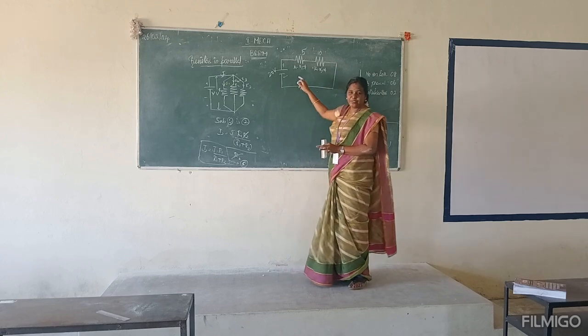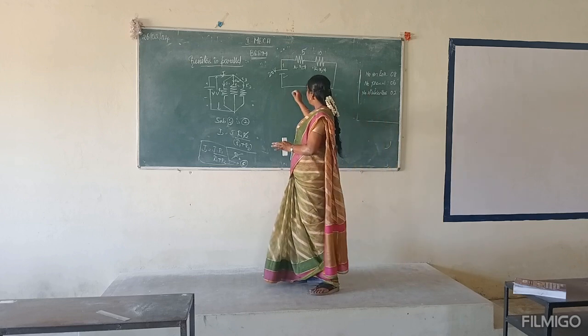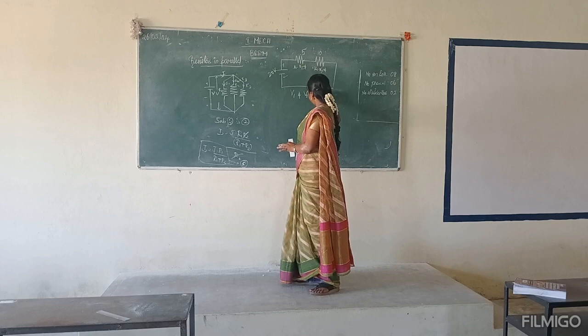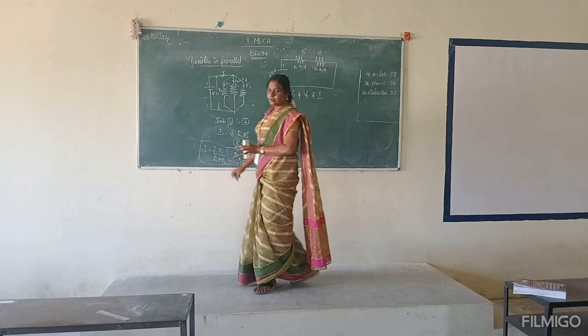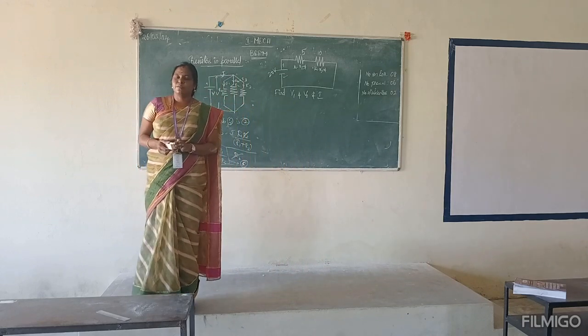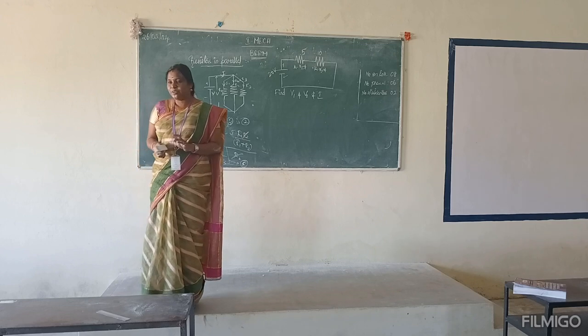Now, see, find V1, V2 and I in the given circuit. How to find V1 and V2?